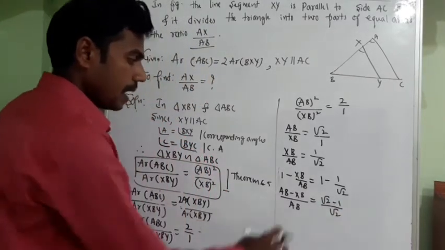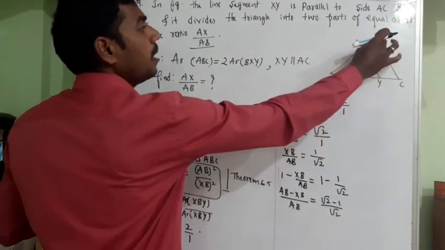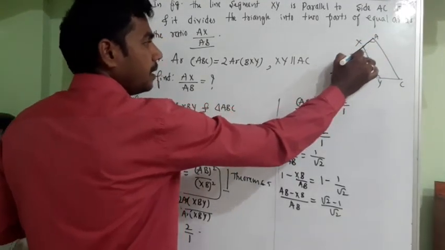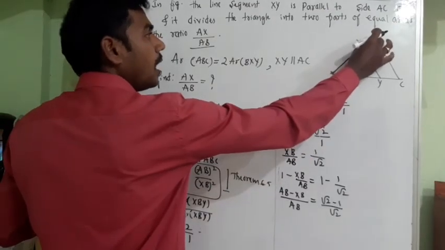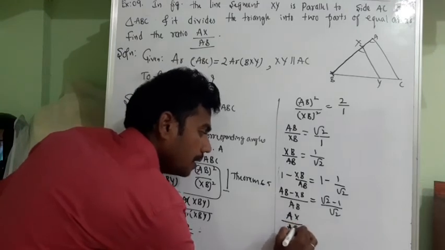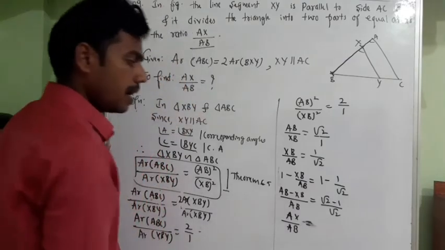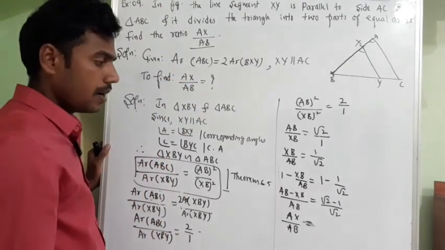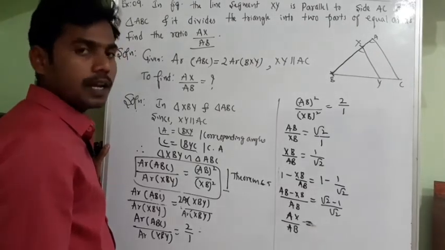Or else AB minus XB is nothing but AX. See, this entire thing minus this thing. If I remove this, I'll get AX. That is AX divided by AB is equal to, since root 2 is there, I'll multiply numerator and denominator with root 2.